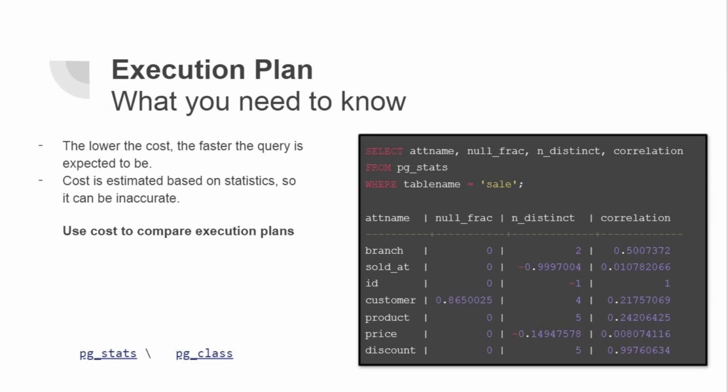For ID, the value is 1. This means that the values of the table are ordered on disk according to the ID. So if you use range queries on the ID, the database can expect to fetch consecutive blocks. This is a very important statistic, especially when you're working with advanced types of indexing such as GIN, but we are not going to talk about this.